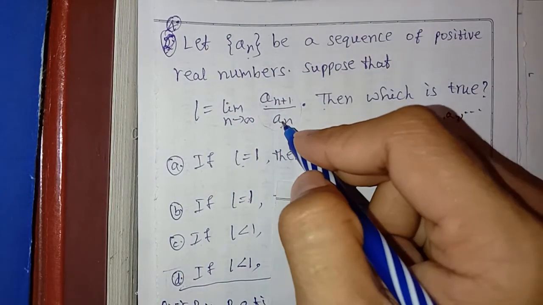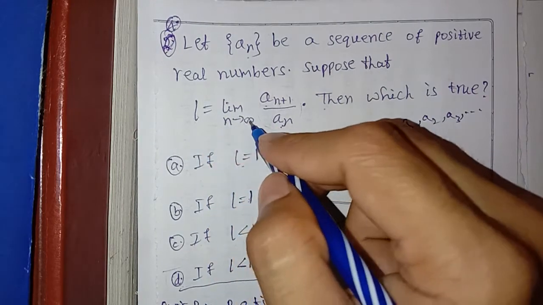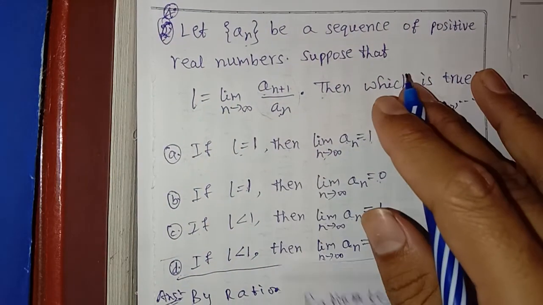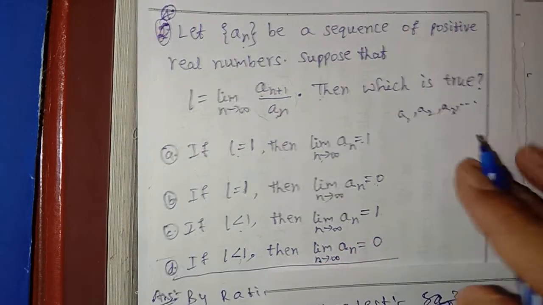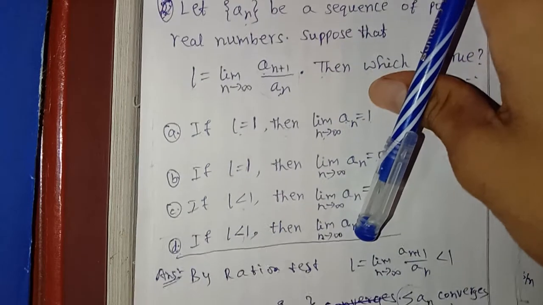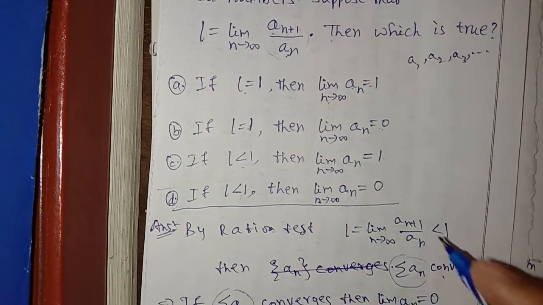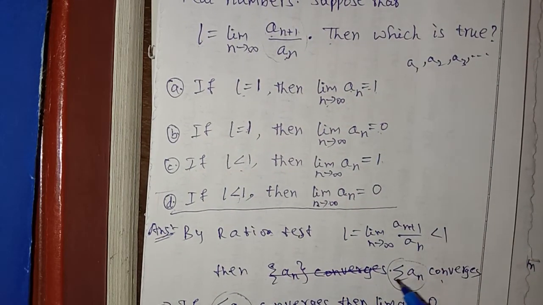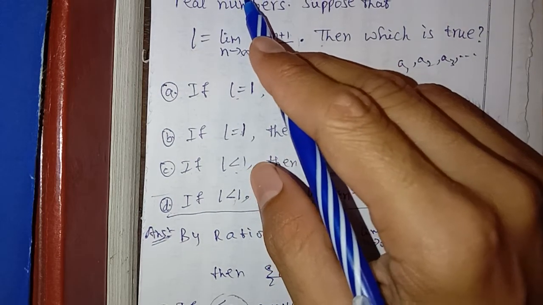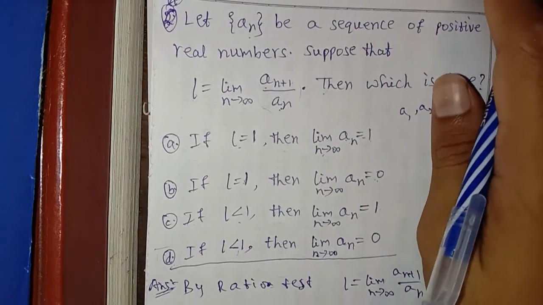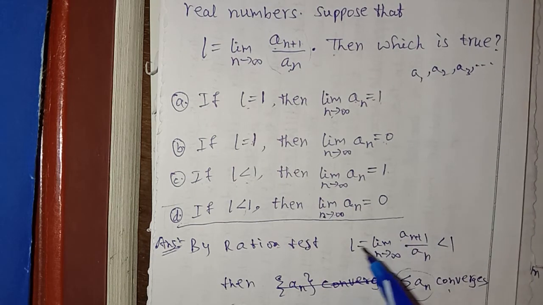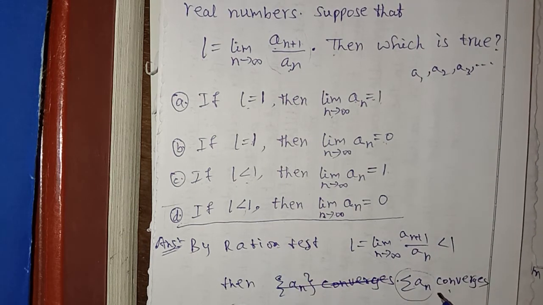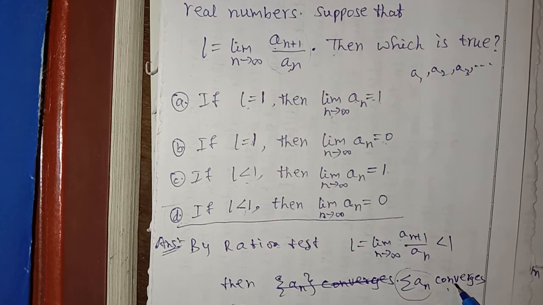So limit n tends to infinity an plus 1 divided by an is L. If L is less than 1, then by ratio test we can say that the series an converges. Here they give sequence an, and if this satisfies L is less than 1, by ratio test we can say that the series an converges.